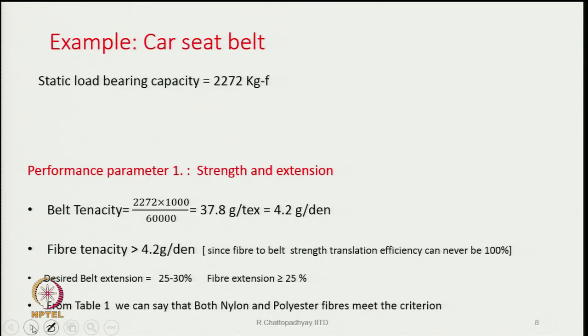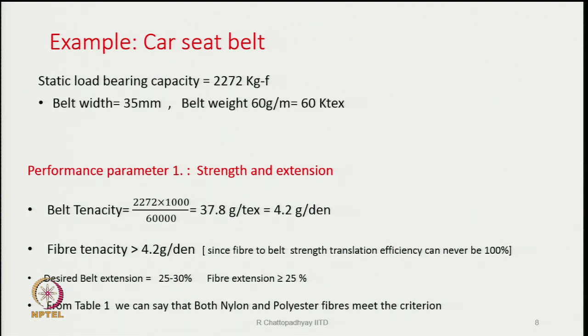Now, we will take an example. Let us say we have to design a car seat belt. Static load bearing capacity is 2272 kg force, and the belt width has to be 35 mm, and belt weight is 60 gram per meter, which is 60 kilotex.